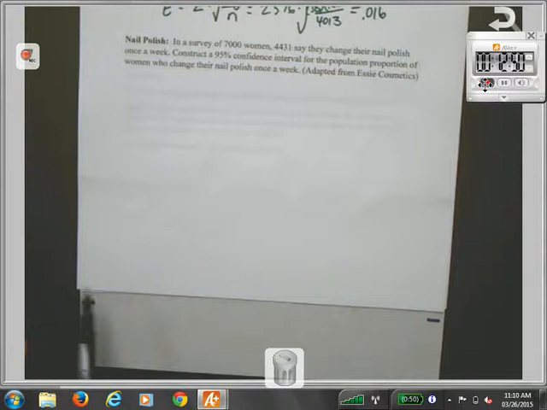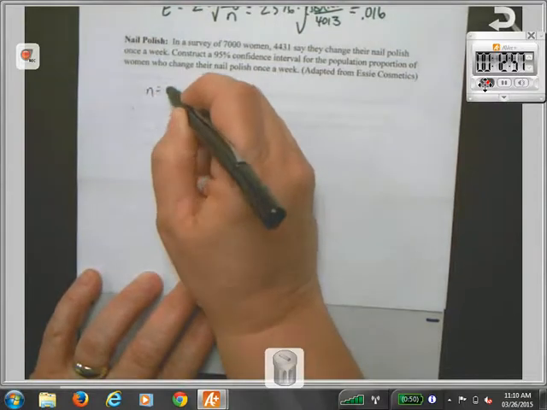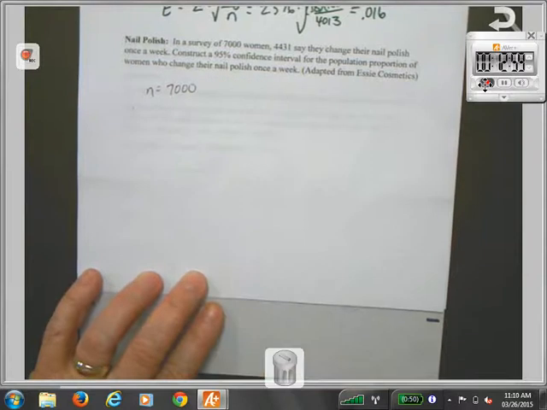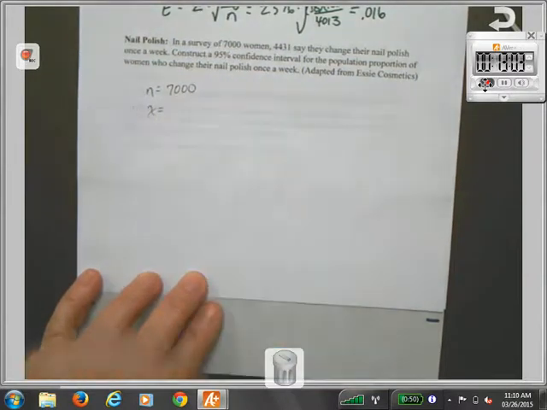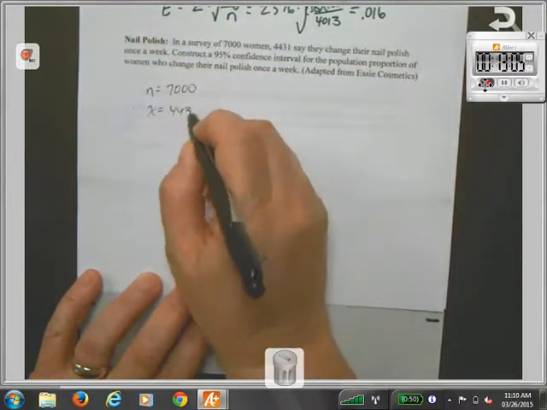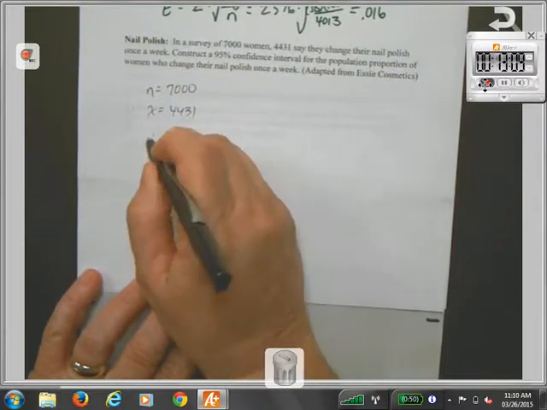Okay, so we need to pull the important values out of the problem. First of all, n is going to be the 7,000. That's how many are in the survey. Our x, or number of successes, will be 4,431. We will use that to find p-hat.